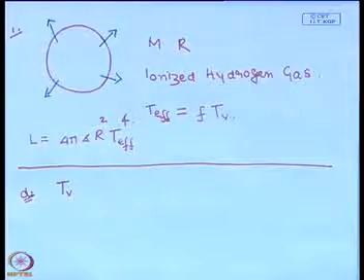Now, let us address this question. We know that if an object is in virial equilibrium under its own self gravitational force, then the average kinetic energy is equal to the total energy in magnitude, and it is half the potential energy.